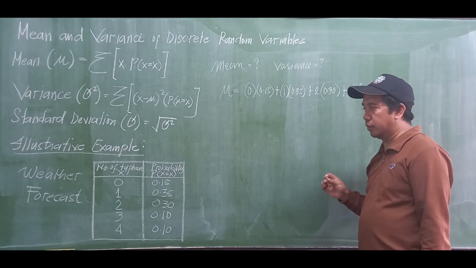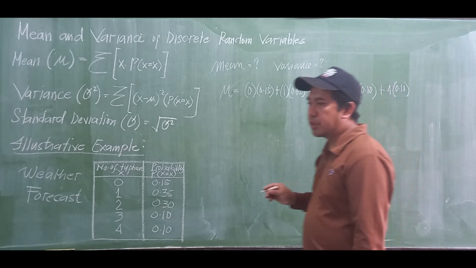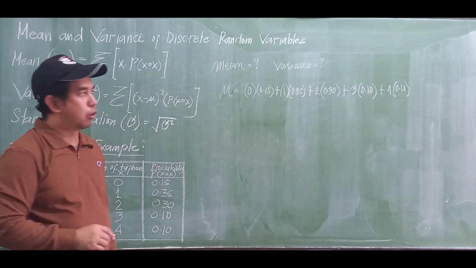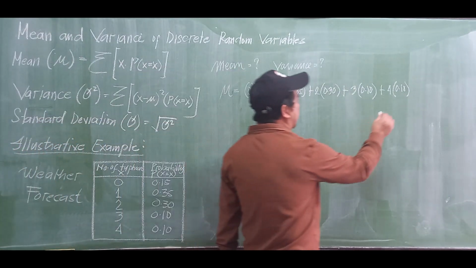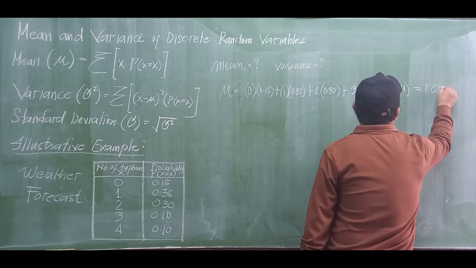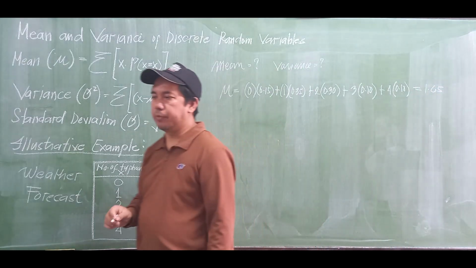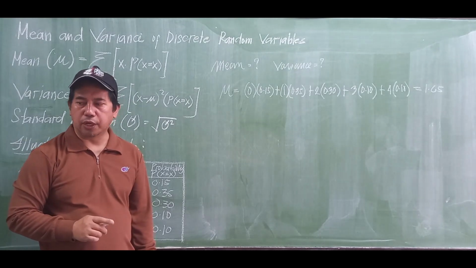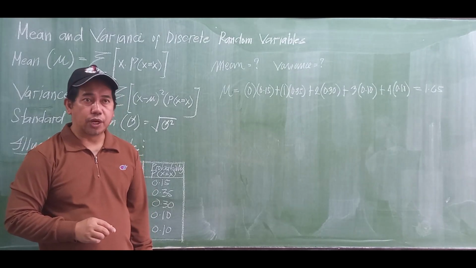That is how to get the mean. And so, when we multiply and then add them, it will give you a result of the mean, which is actually 1.65. Okay? 1.65. So that is the mean of our problem.